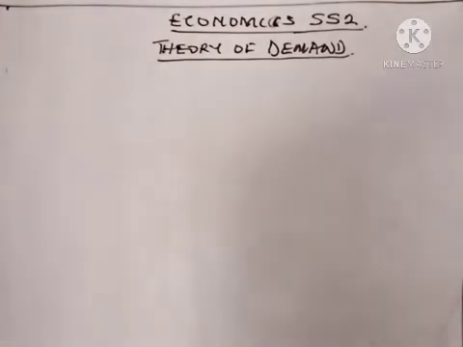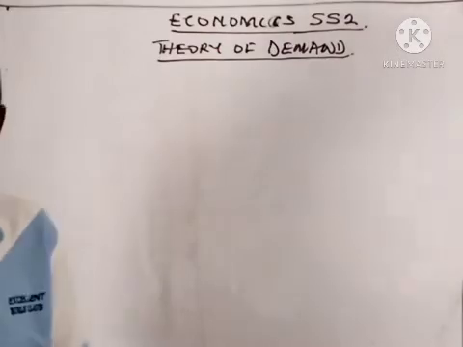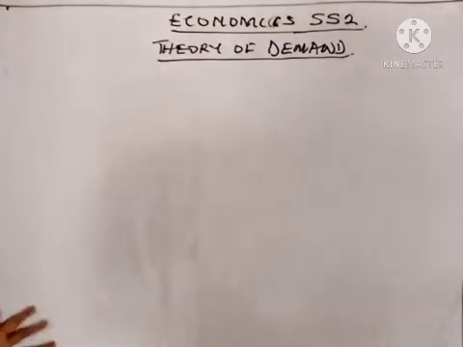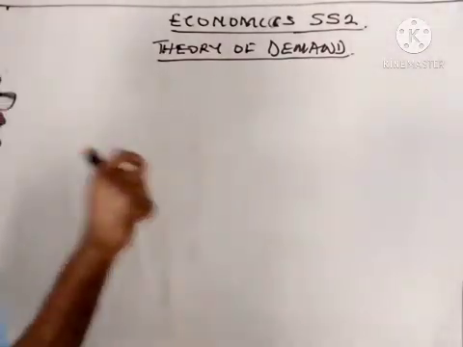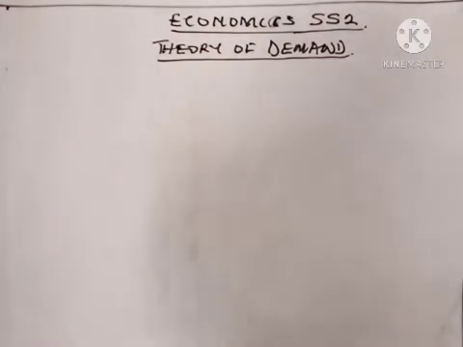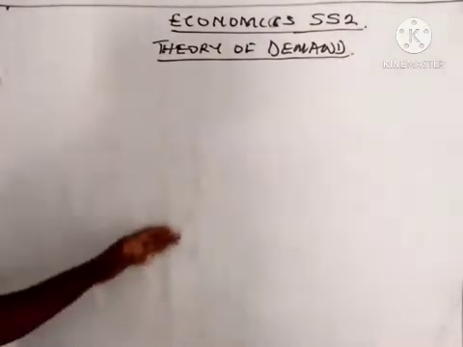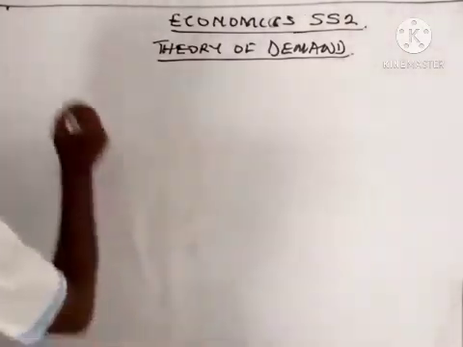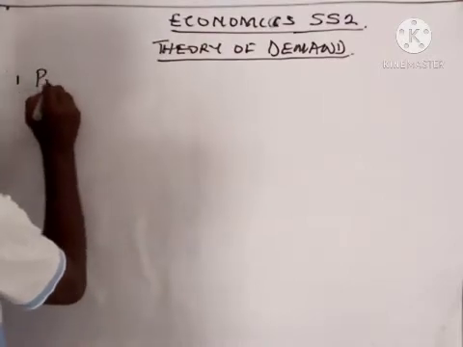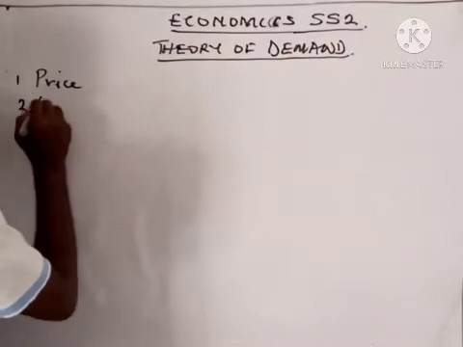So today we want to quickly look at the factors that can affect demand. And there are various factors, because when you are talking of demand, it talks about what you really want to ask and what you need them for. The number one thing, like I told us, there are two parameters that we use to measure demand. One of them is price, and the other is the quantity.